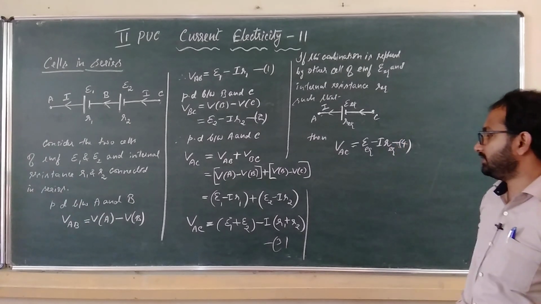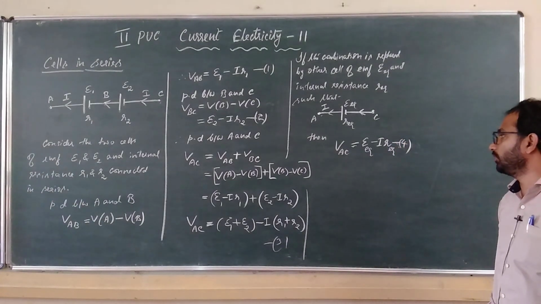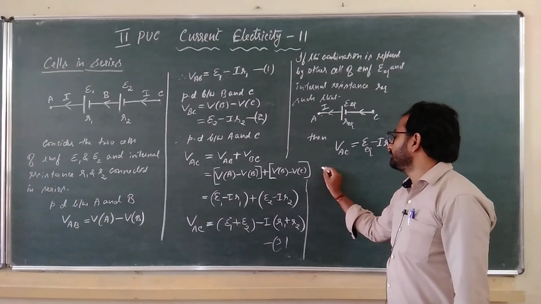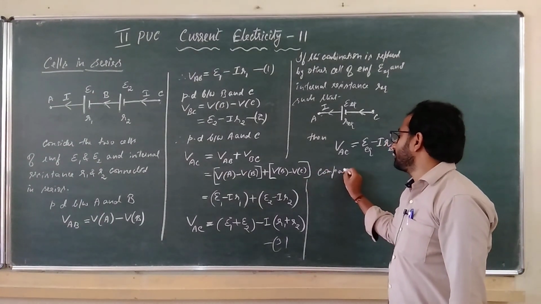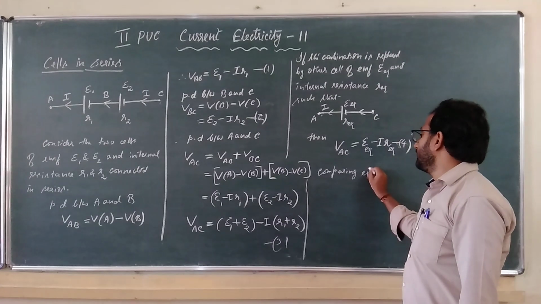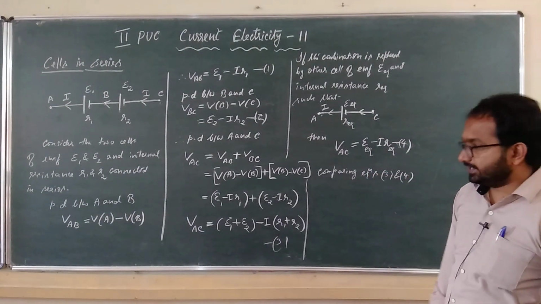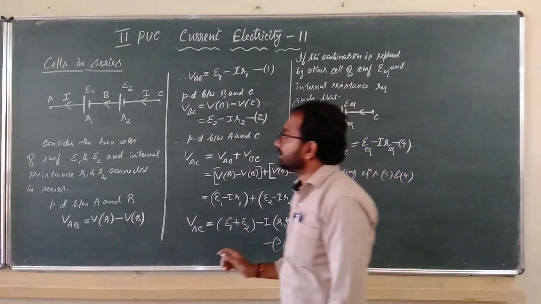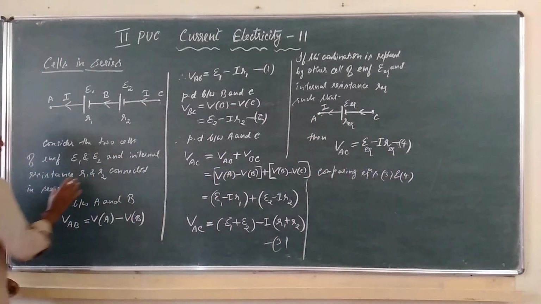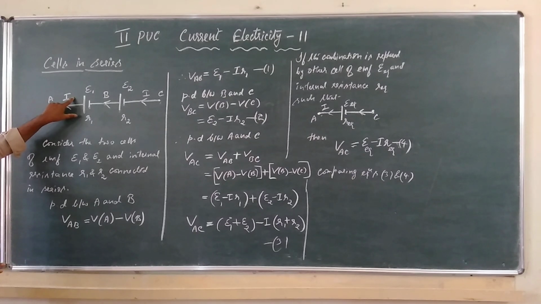Now comparing equations 3 and 4, see the combination is supplying an amount of current I to the external circuit.